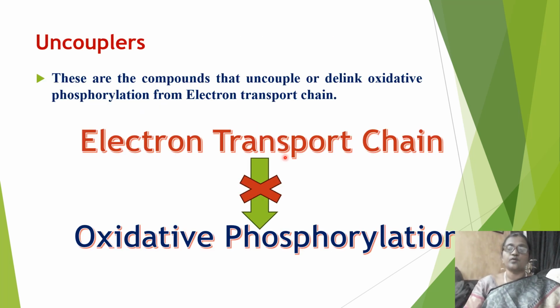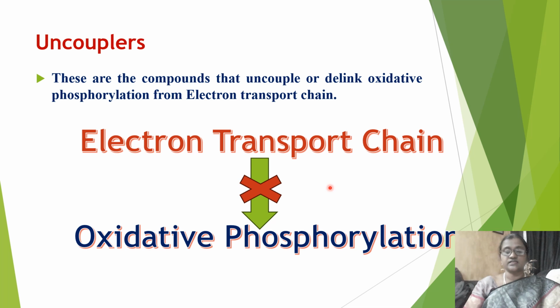Uncouplers are compounds that uncouple or delink the electron transport chain and oxidative phosphorylation. That means oxidative phosphorylation is delinked from the electron transport chain. During this process, there is an increased permeability of the inner mitochondrial membrane to protons, and this disturbs the ATP synthesis process.